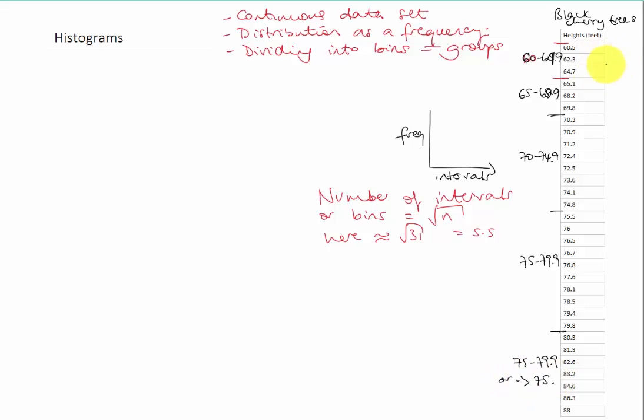Alright, so then we have to count up the number of examples in each one. So this is 1, 2, 3. 1, 2, 3. 1, 2, 3, 4, 5, 6, 7, 8. 1, 2, 3, 4, 5, 6, 7, 8, 9, 10. I've made a mistake here.